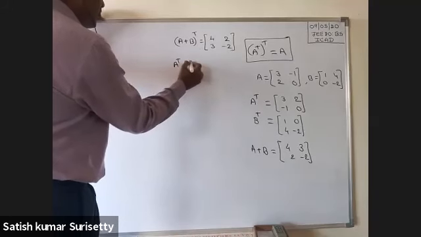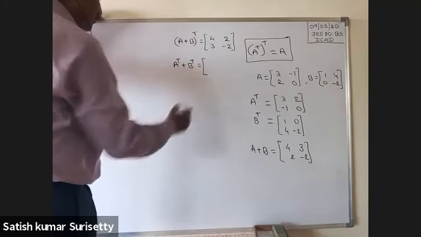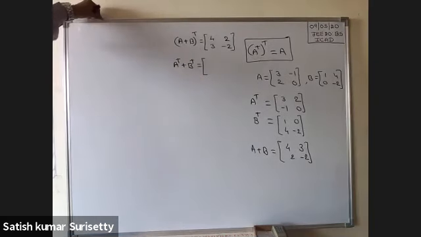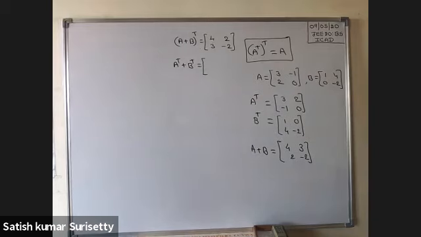Now calculate A transpose plus B transpose. Already I have calculated A transpose and B transpose. What is A transpose plus B transpose? 4, 2, 3, minus 2. Are they the same?